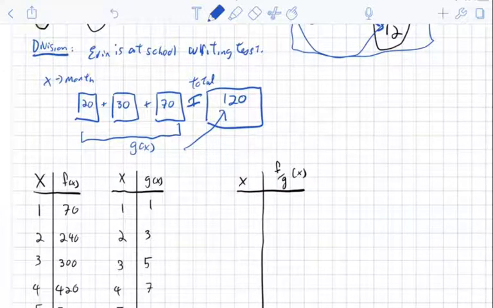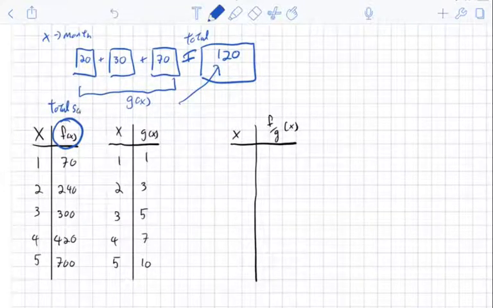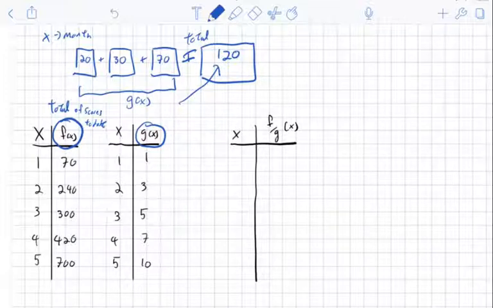So she makes functions representing what the total of her test scores is, maybe total of scores to date. And she also makes another function representing how many tests she's written.